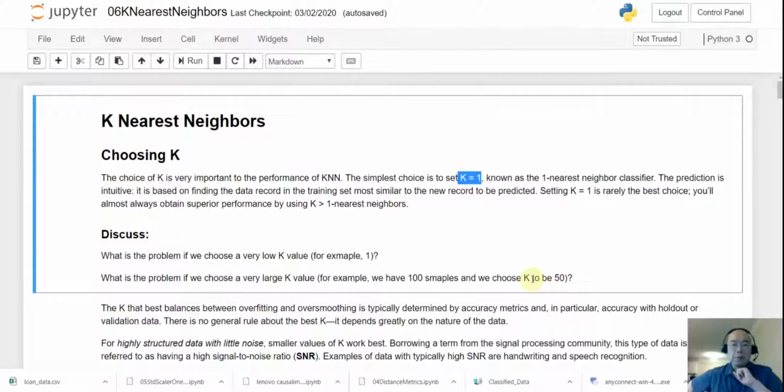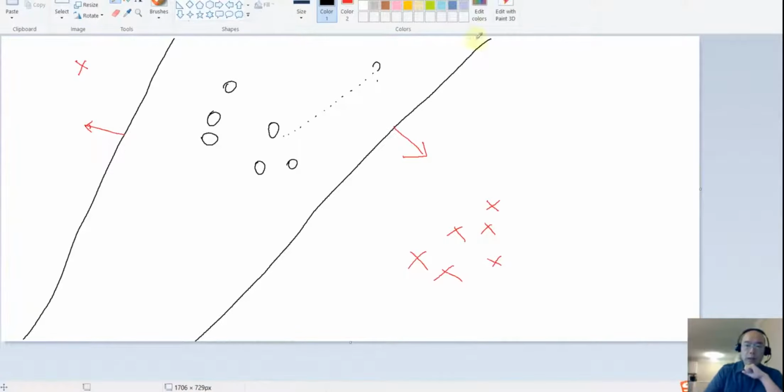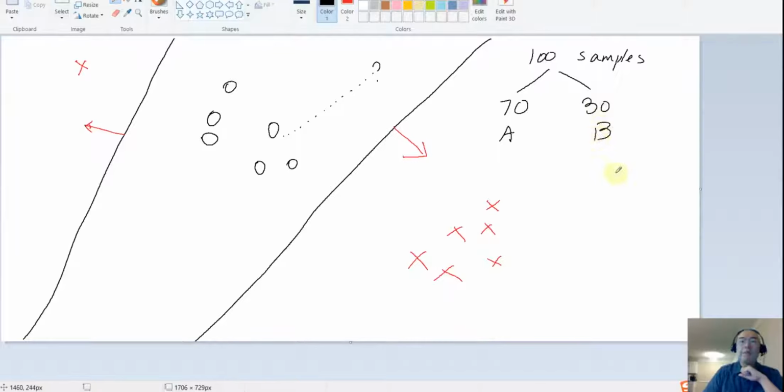The other problem is that now we are doing over smoothing. What do I mean? Say we only have 100 samples in this case, and in these 100 samples, say we have 70 of class A and 30 of class B. And we are doing a 50 nearest neighbor algorithm.